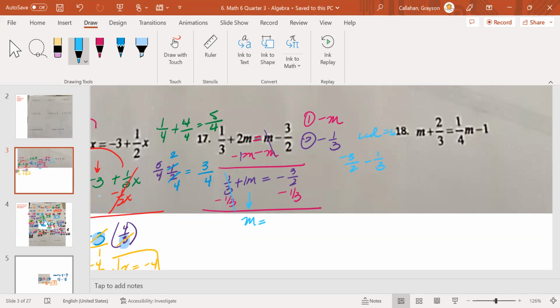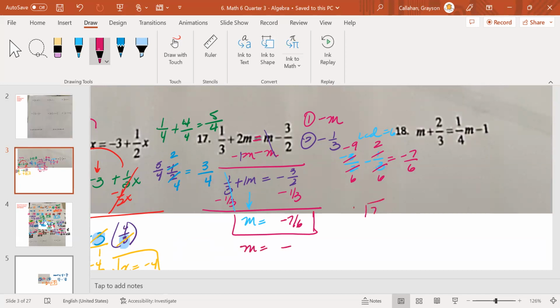Lowest common denominator is going to be a 6. So 2 times 3 is 6. 3 times 3 is a -9. 3 times 2 is 6. 1 times 2 is a 2. So you should have a -7/6. M equals -7/6. If you don't write it as a proper fraction, remember 7 divided by 6 gives you a -1 1/6. So that might be a better answer.